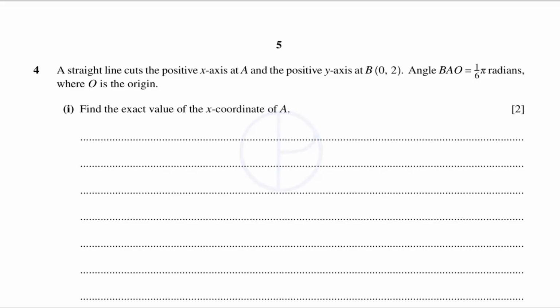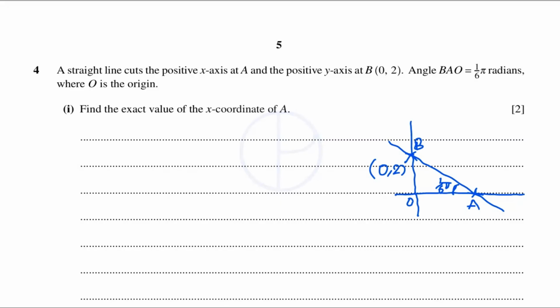Find the exact value of the x coordinate of A. So this is 0, 2 and this is A. The angle BAO is 1 over 6 pi.